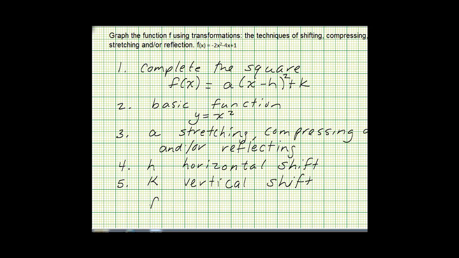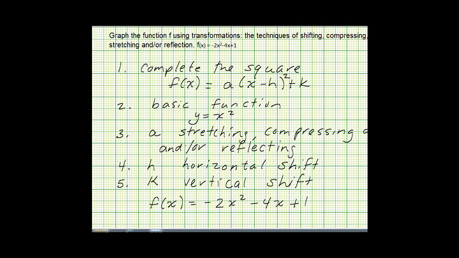So again, our function is f of x equals negative 2x squared minus 4x plus 1. And our first step is to complete the square.